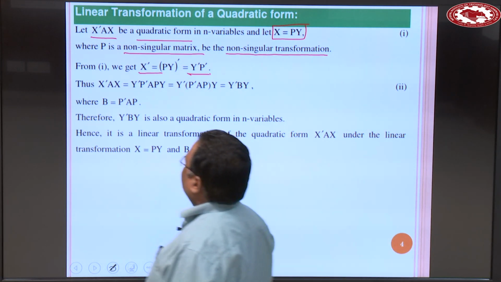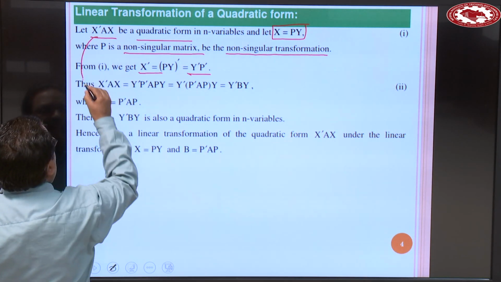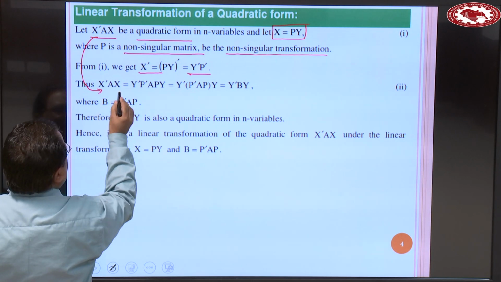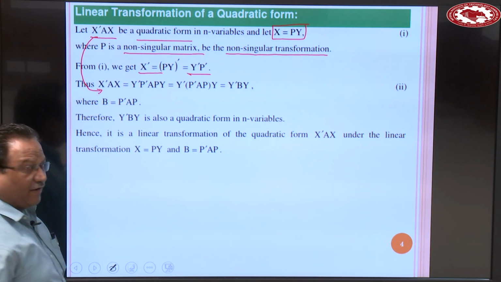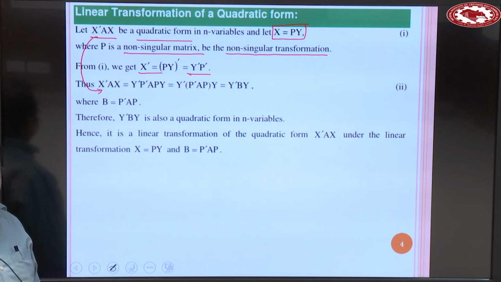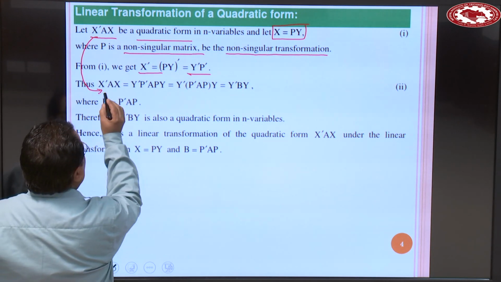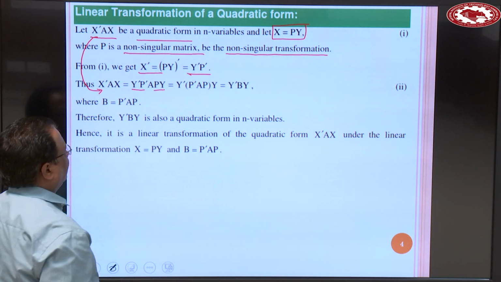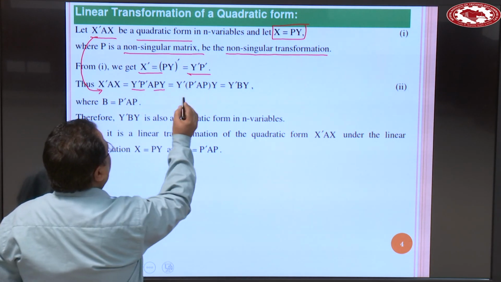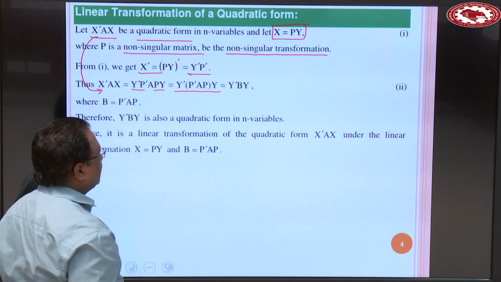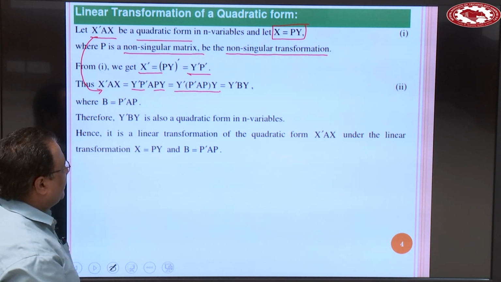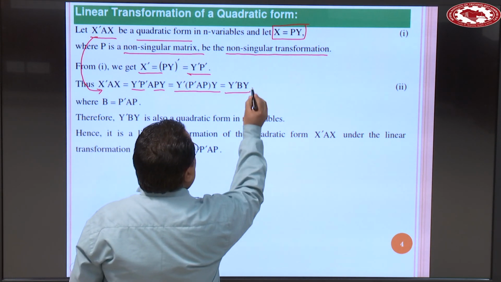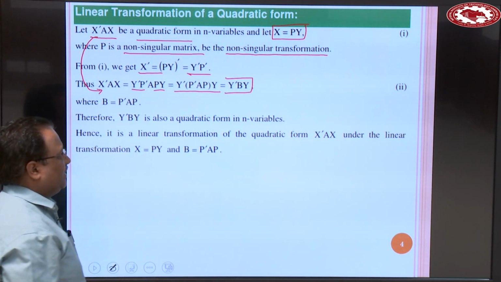Now find the expression of x'Ax. Substitute the value of x and x'. Now this can be written in this way: y' within the bracket P'AP y, and this can be written like this: y'By.